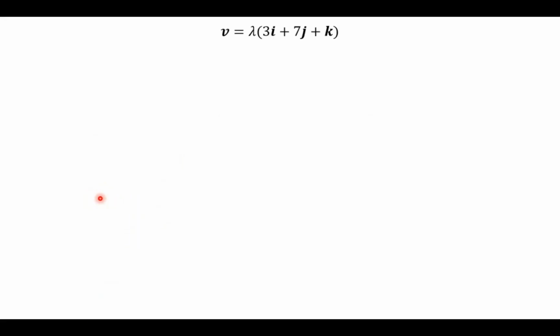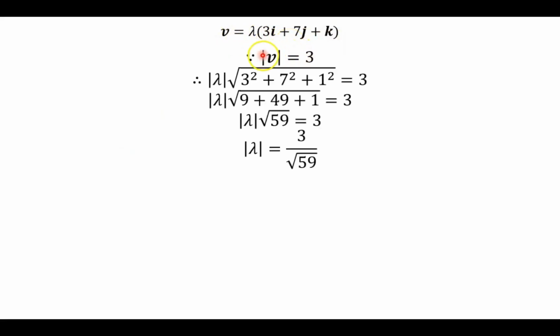We'll do that in the next page. So this is the result V from the previous slide. We need the length of V to be 3. So we take the length of this. For the scalar lambda, we just take its absolute value. And for the vector here, we take its magnitude.